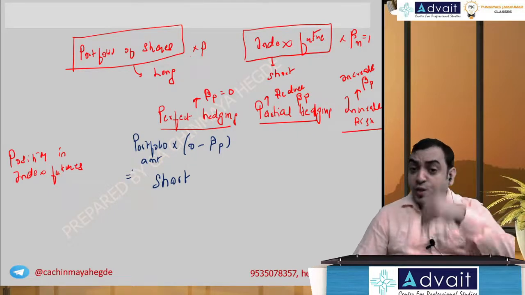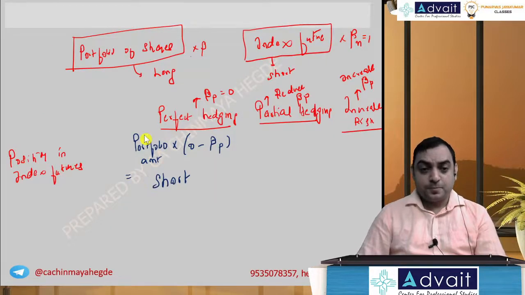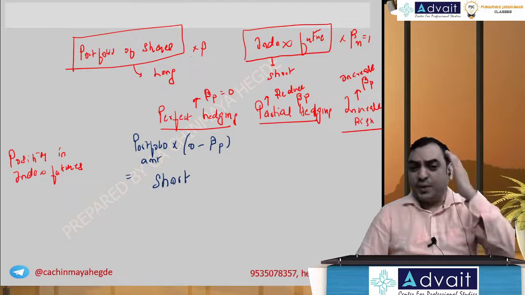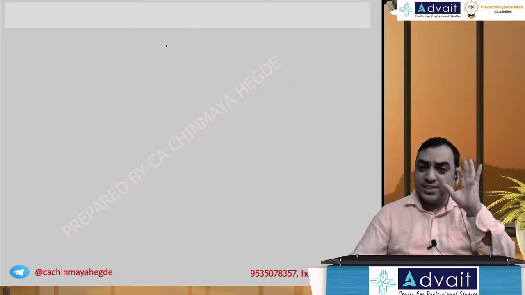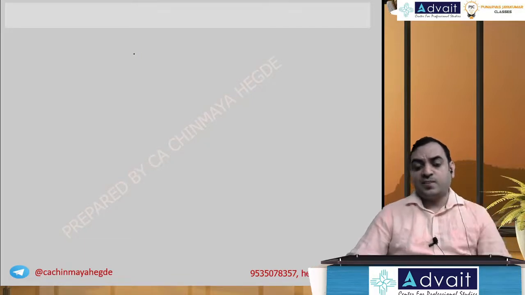Whereas if you want to reduce the beta, what should you do? For that purpose, let me explain this one. Some people are confused: Sir, how to decrease beta, how to increase beta? I'm a little bit confused. I'll give a very simple format. Please take a look at this. First standard student can understand this.